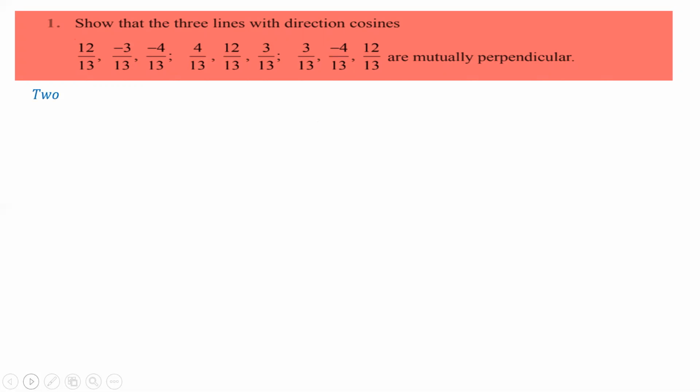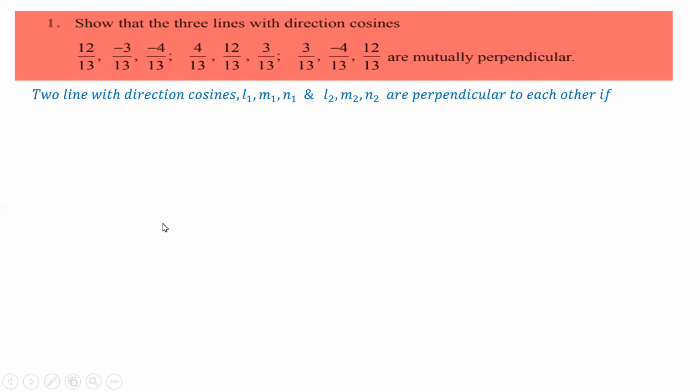Now we already know the condition for perpendicular lines when direction cosines are given. If l1, m1, n1 and l2, m2, n2 are the direction cosines of two lines, then they are perpendicular if l1 l2 plus m1 m2 plus n1 n2 equals 0.